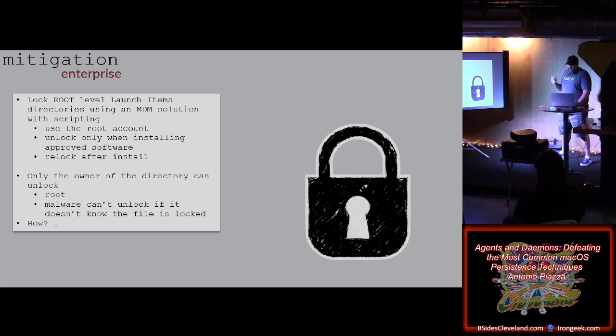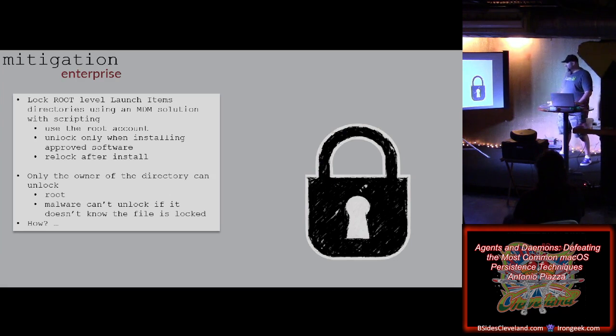Malware, even if running as root, cannot install a launch item because the folder is locked. The malware must be sophisticated enough to recognize that the directory is locked, unlock it as root, and then install the launch item. And that behavior is not found in the wild. I've never seen malware at all that's done this yet.